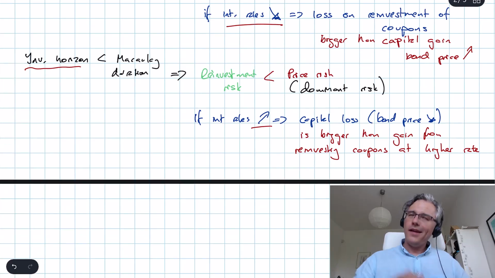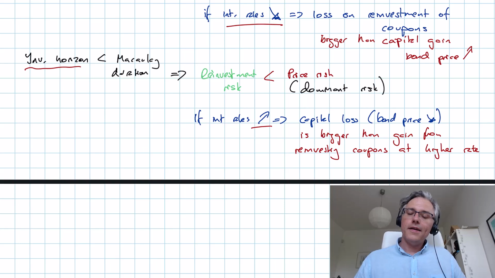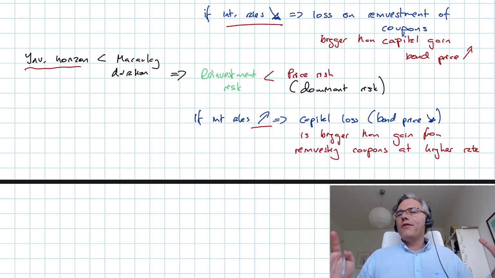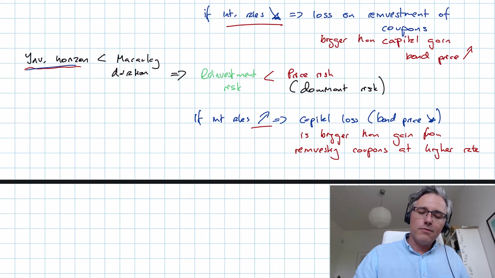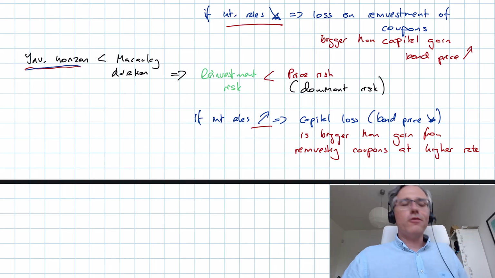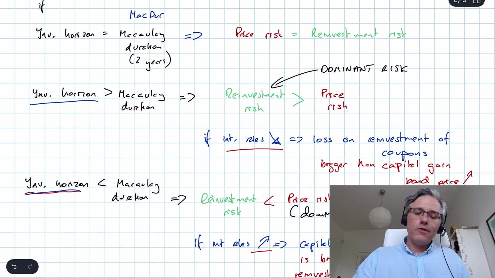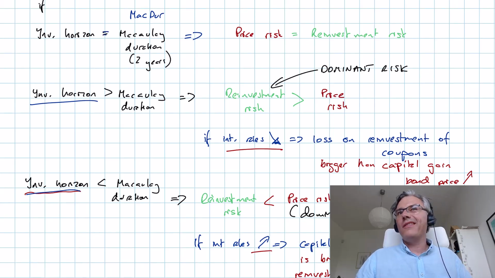On the other hand, it will be a good thing if interest rates go up, in the sense of having a longer period in which interest rates are doing more of the work in terms of the reinvestment. However, if your investment horizon is shorter than the Macaulay duration, then this will not suffice. When your investment horizon is exactly equal to Macaulay duration, the two are perfectly balanced.